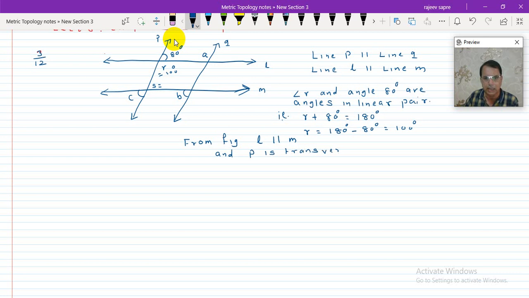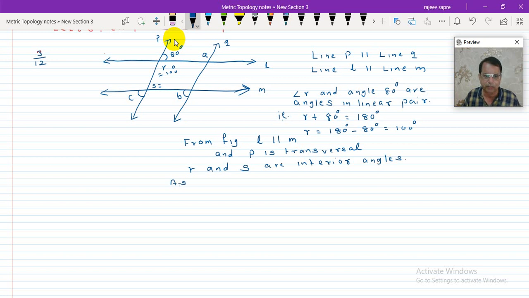Now what can you say from this? P is the transversal, so R and S are what? Interior angles. What you know about interior angles is that they are supplementary.